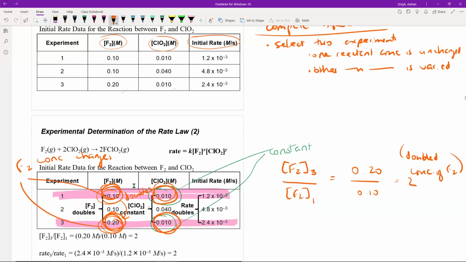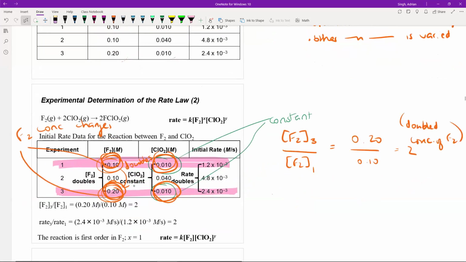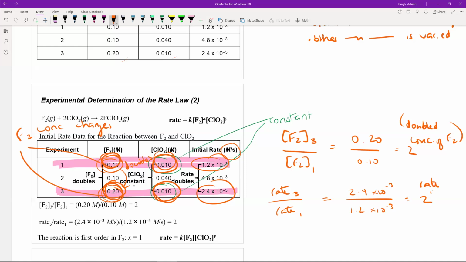What happened to the rate? If I compare the rate of experiment 3 and divide it by the rate of experiment 1, 2.4 times 10 to the minus 3 divided by 1.2 times 10 to the minus 3, in molar per second, that's equal to 2 as well. Here we see that the rate is doubled.